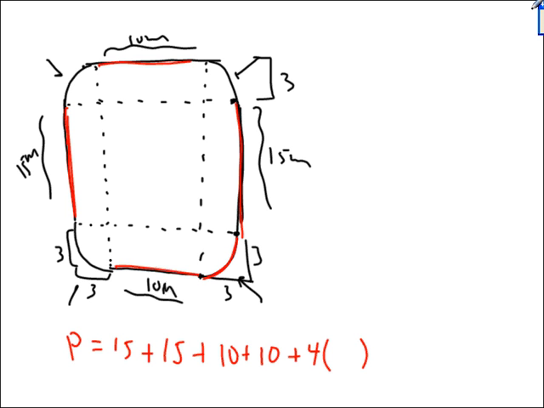Well, this is a quarter of a circle. You have this piece in one corner, this piece in another corner, this in the top left corner, and this in the bottom left corner.